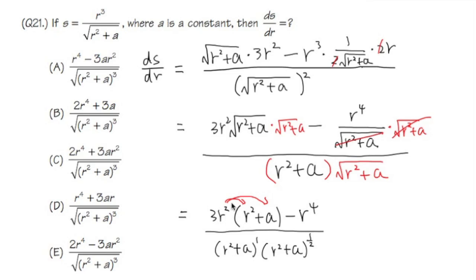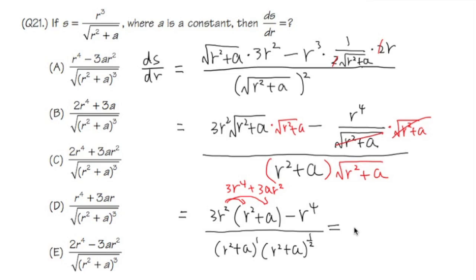3r squared times r squared gives us 3r to the fourth power. And I will multiply 3r squared times a. So I have 3, let's put the a first, 3ar squared like that. All right, so I distribute that. Now finally, I'm going to put down the results together.